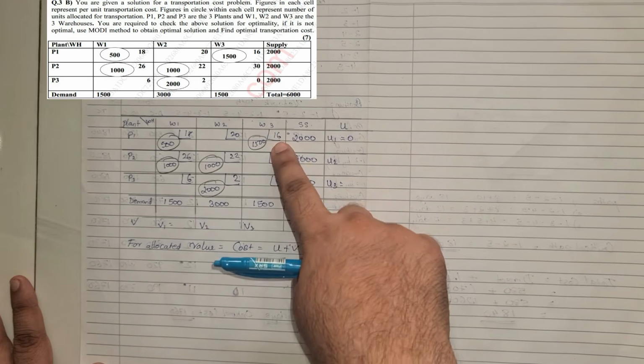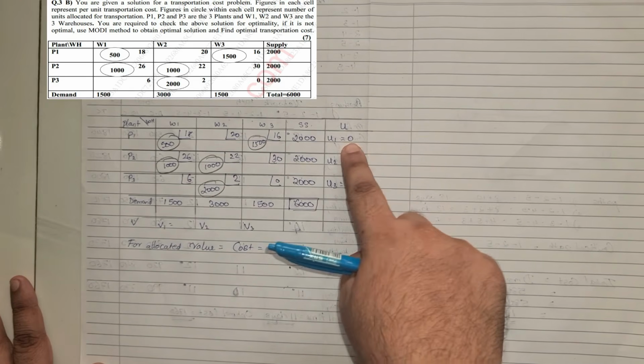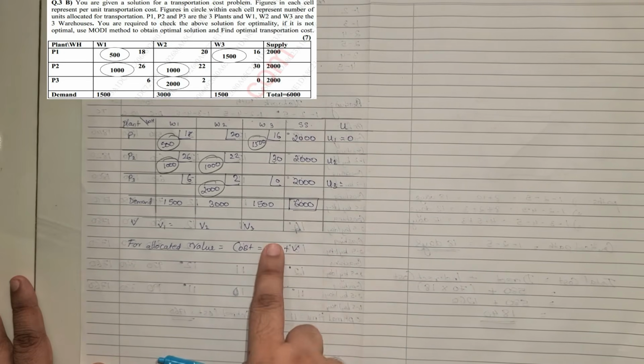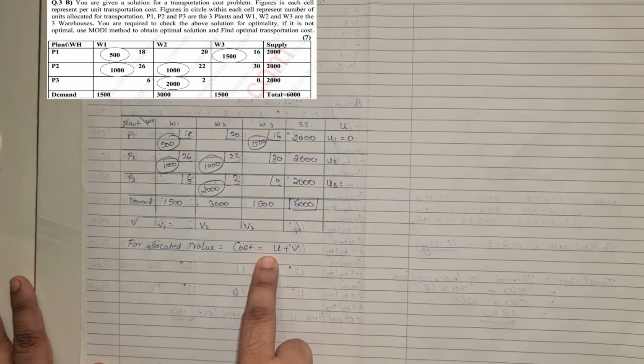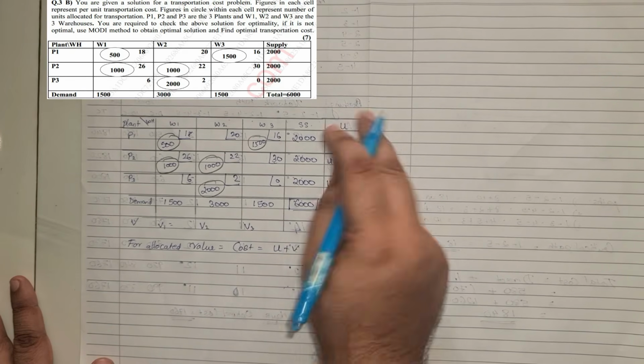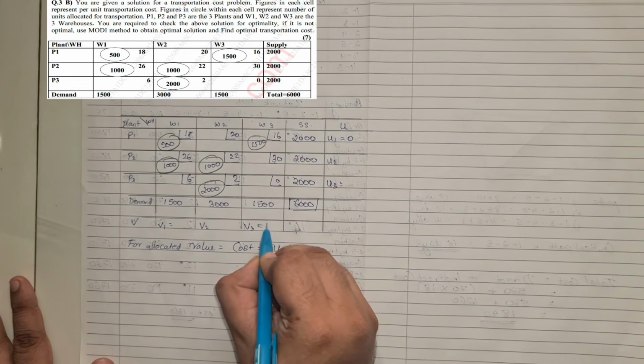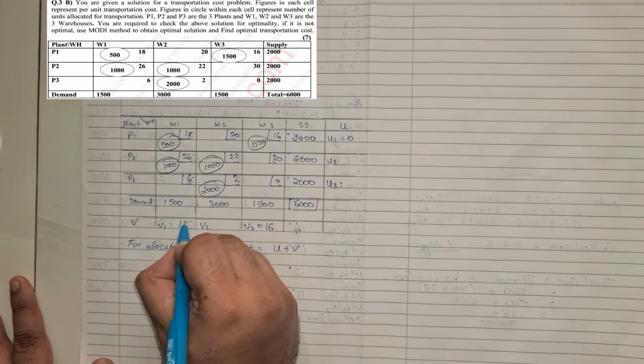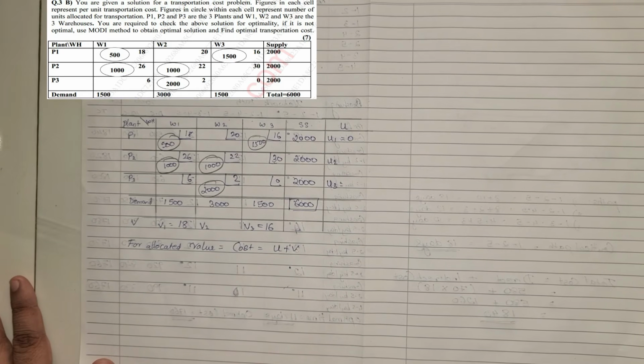Cost is 16, equal to U, which is 0, plus V. So if u comes as 0, 16 is equal to V. So the V3 value will come to 16. Same way, 18 minus 0 is 18, so V1 will also be 18.